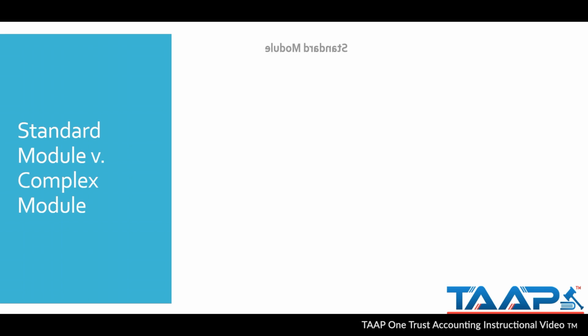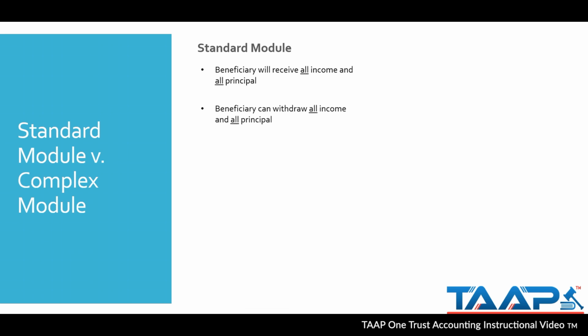When we look at the standard module, we're going to look at a bunch of different situations where the beneficiary will receive all income and all principal, where the beneficiary can withdraw all income and all principal, where it's a revocable trust, the grantor is still alive but not acting as trustee. Could be a number of situations there, many times a disability.